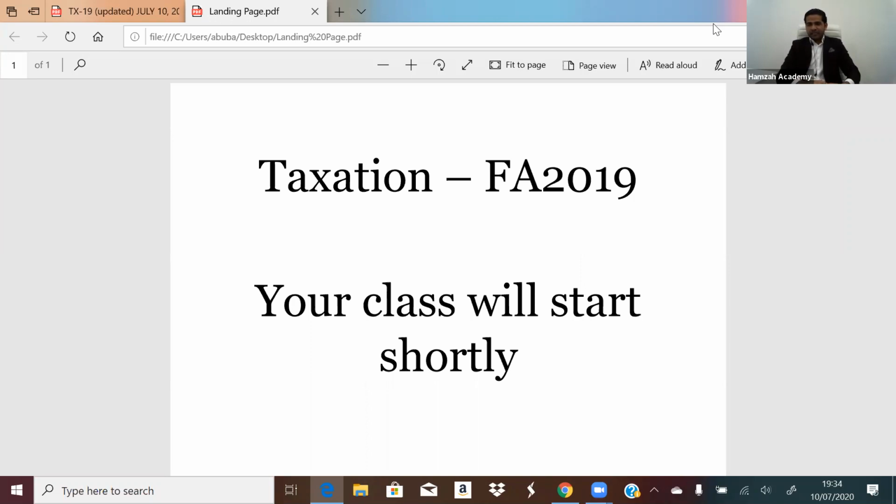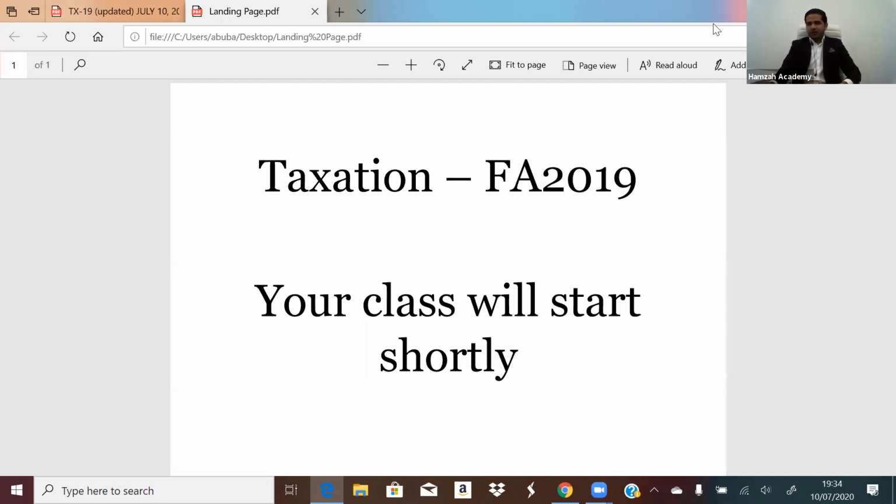So before we start the actual syllabus of the F6 taxation, there are a couple of things which I want to share with you. One of those things is how to understand our exam, our syllabus of this F6 exam.